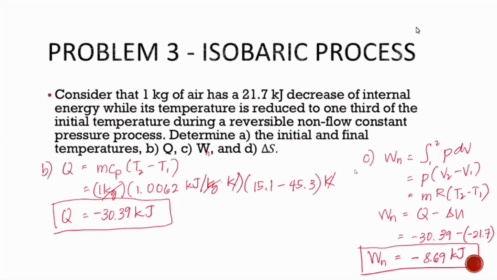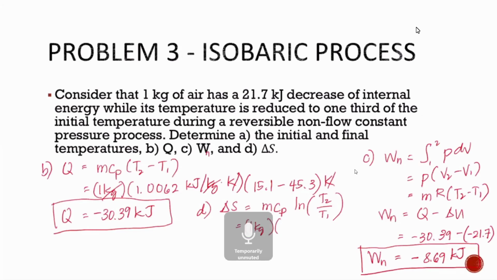Okay, let's have letter D. The change in entropy. We have no other formula there except m, Cp, the natural logarithm of T2 over T1. Is everything given? We can solve it. We have the temperatures, T1 and T2, which we solved earlier. Okay, we can proceed. We have 1 kilogram of air.